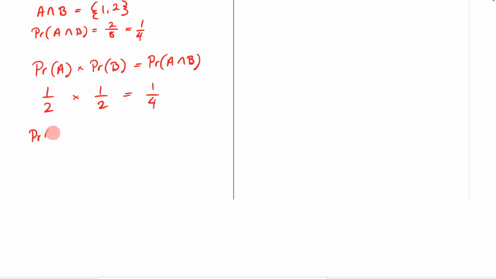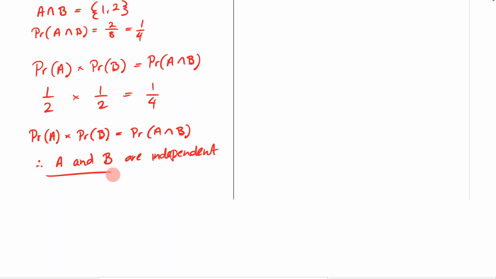The probability of A times the probability of B is equal to the probability of A intersection B. Therefore, A and B are independent. Bang.